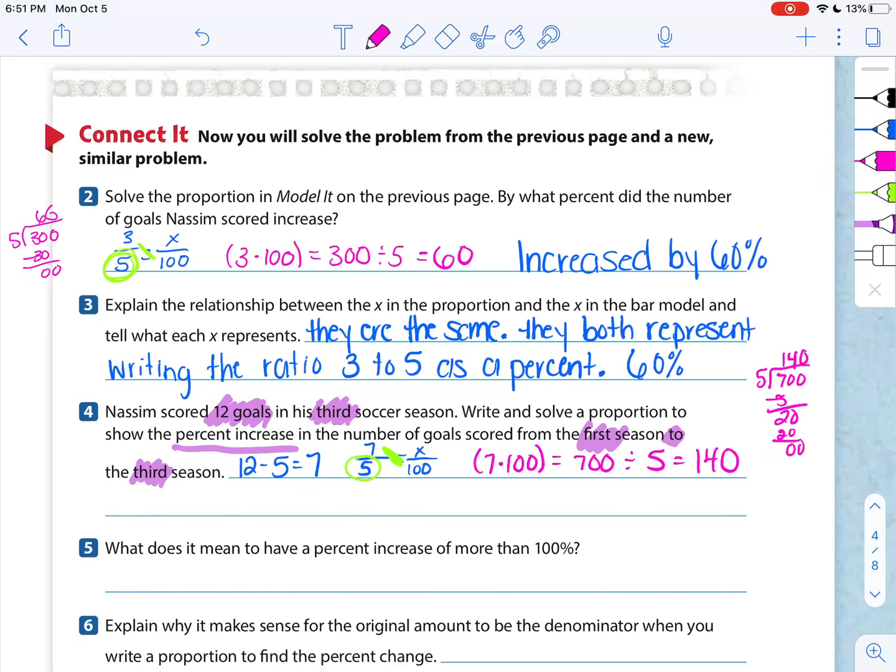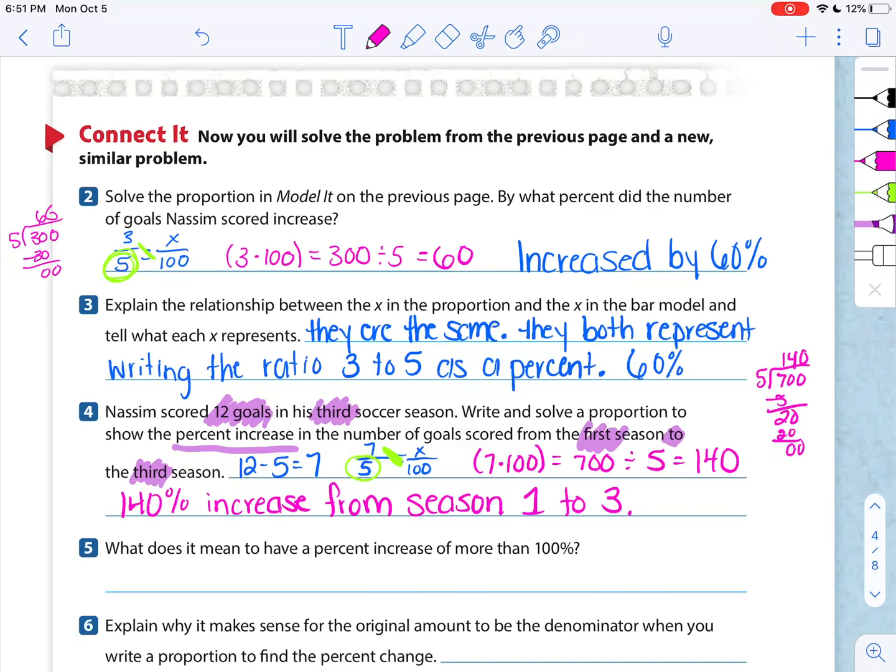So our percent increase is 140% from season 1 to 3. Because we're comparing his first season to his third season. There's a 140% increase.